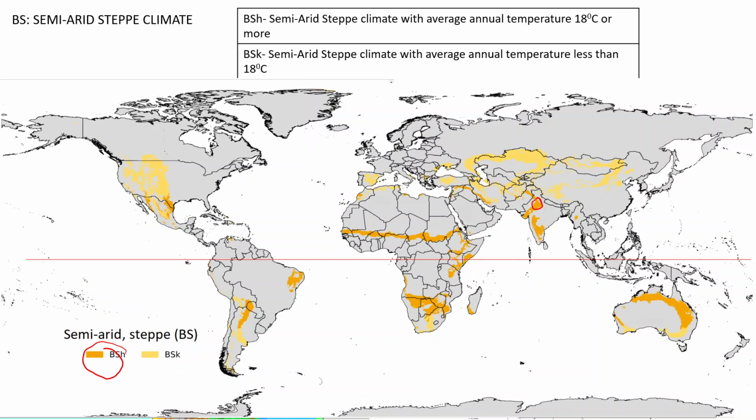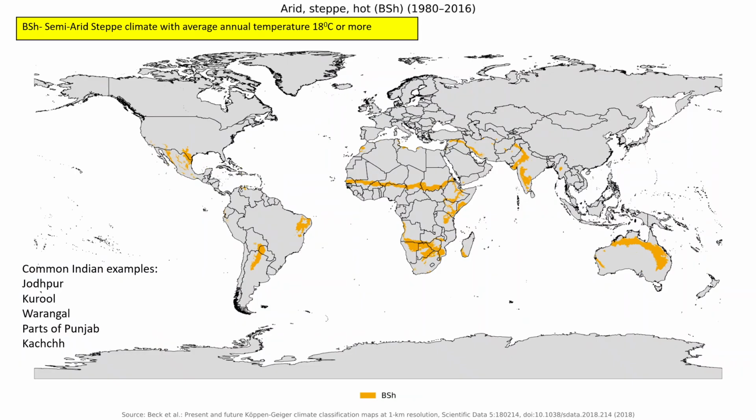All these are places which have BSH. So they have semi-arid steppe climate with temperature more than 18 degrees Celsius. Now the light yellow portion in this is BSK. So common Indian examples for BSH are Jodhpur, Kurnool, Warangal, parts of Punjab, and Kutch. So this is the semi-arid steppe climate with hot temperatures.